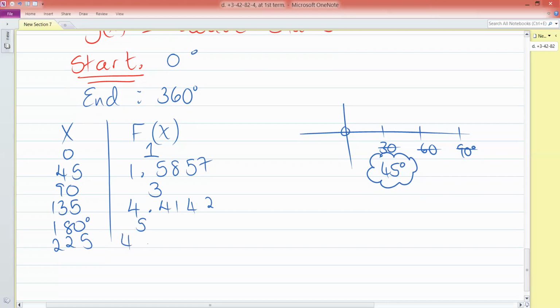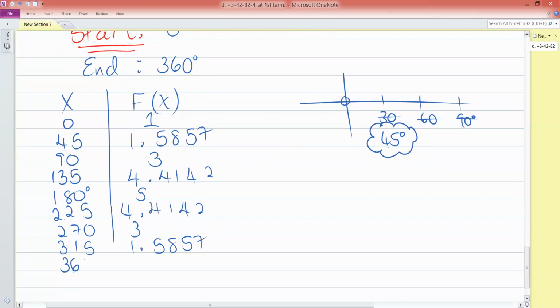Now it starts turning back and going downwards again. Then 270 and 3. 315 and 1.5857. And the very last one, 360 and 1.